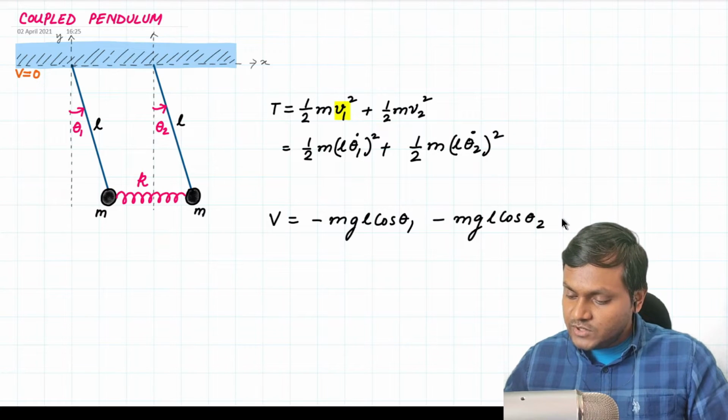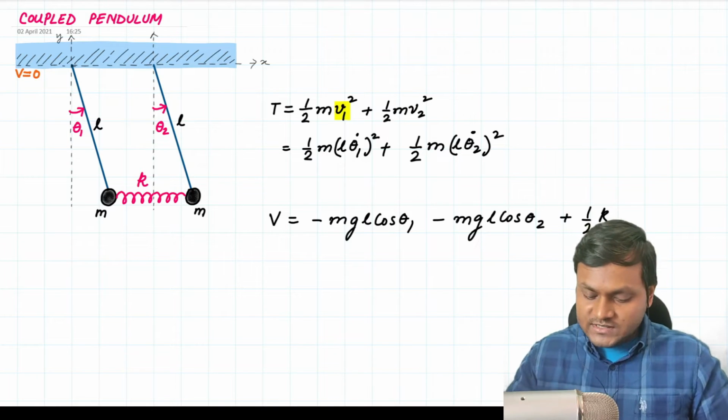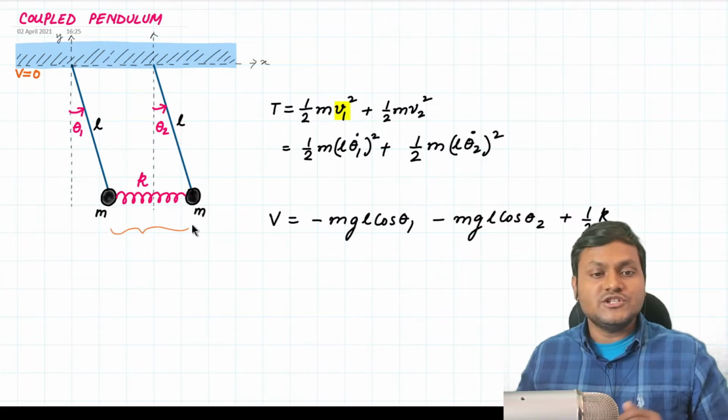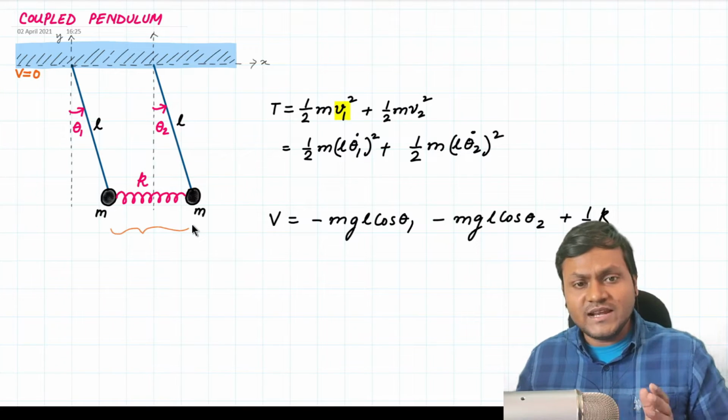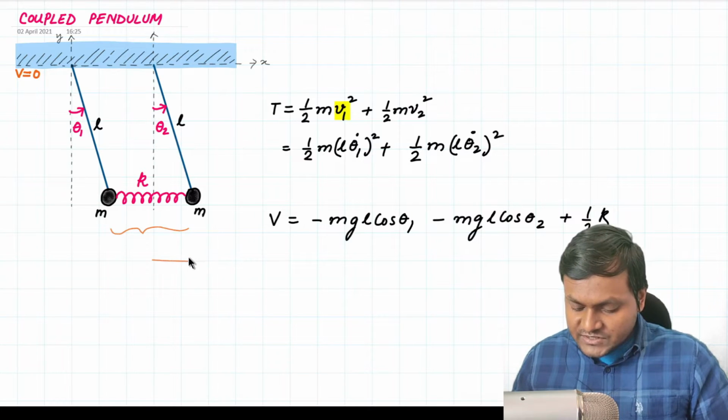So the potential energy because of the spring mass system is nothing but half k. Now I need to find the extension. So let's suppose that the general elongation of the spring mass system is 0. In that situation, the extension is given by the extension of one end of the pendulum and the extension of the other end.